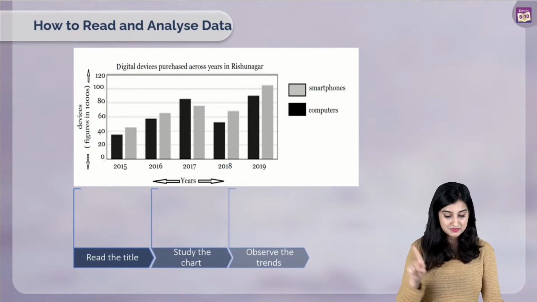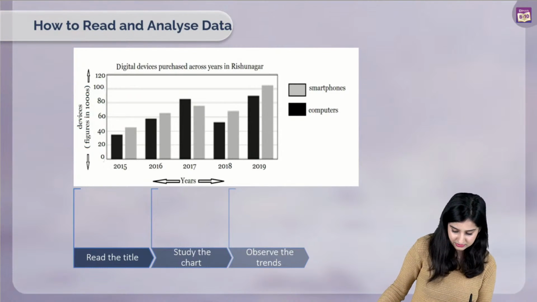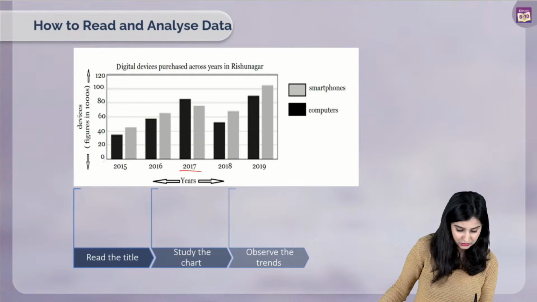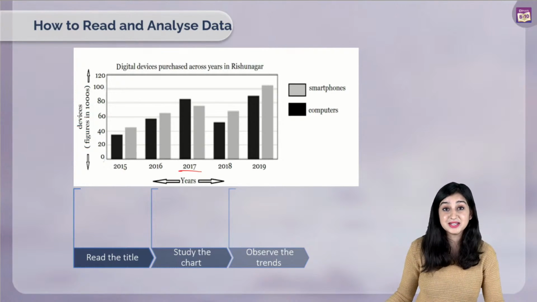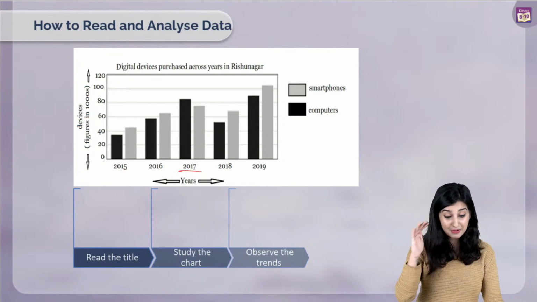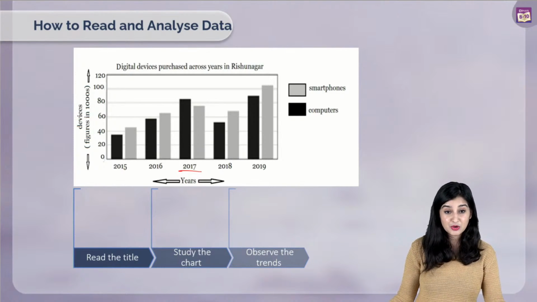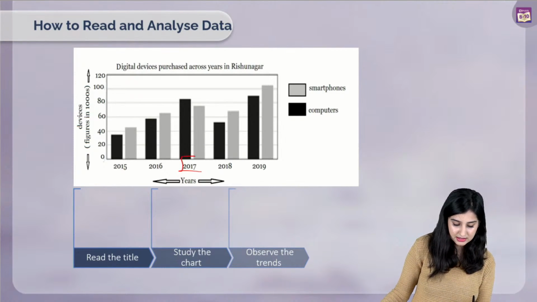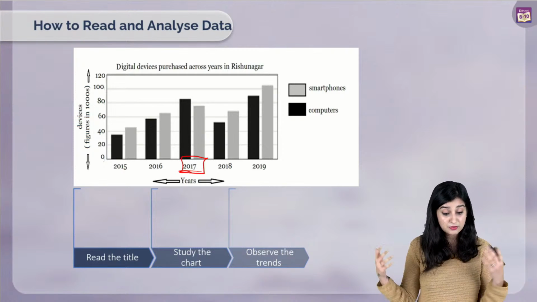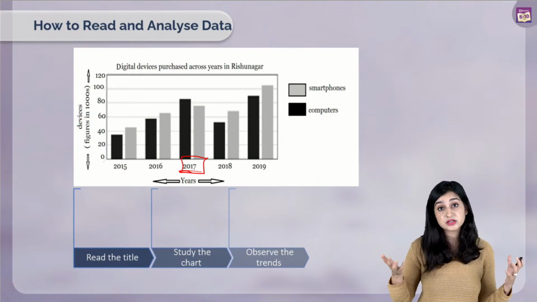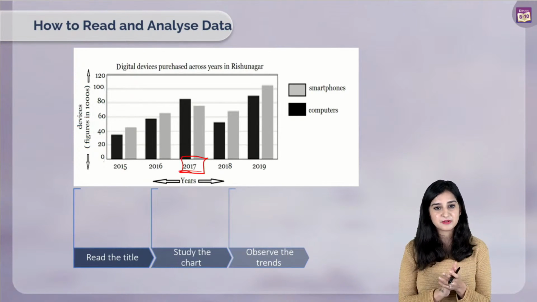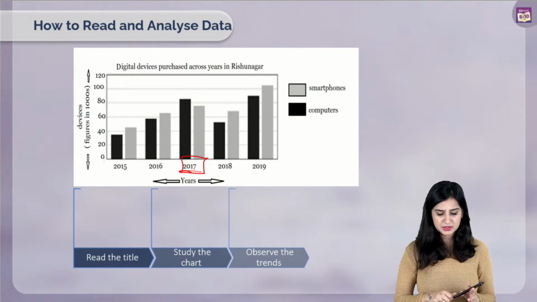Which is that year? That year is over here, 2017. Here the black bar is higher than the gray bar. Okay, so our odd one out year is 2017, in which for some reason more computers were purchased than smartphones. So this is our second trend that we noticed.